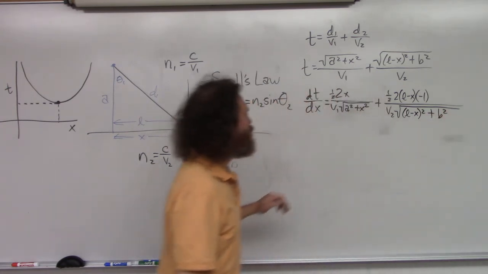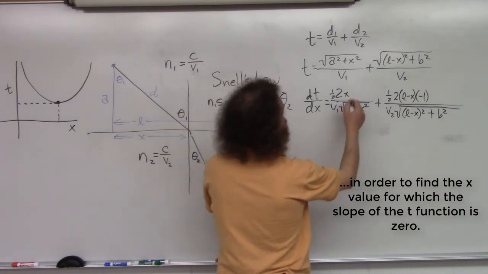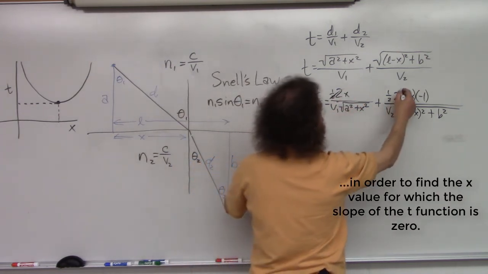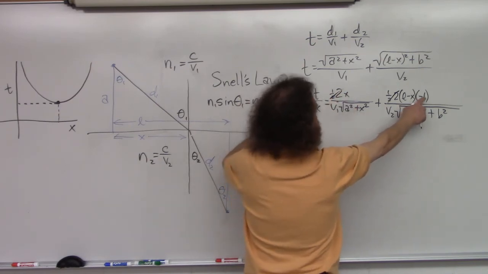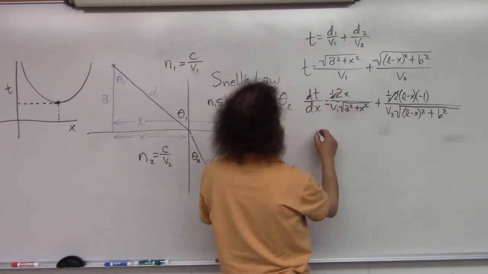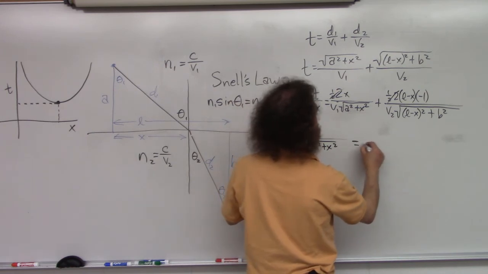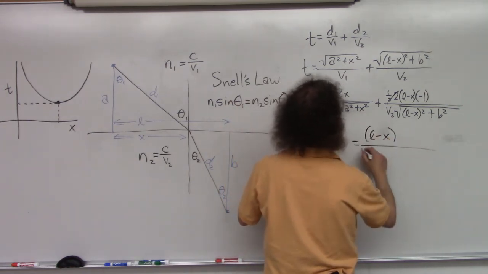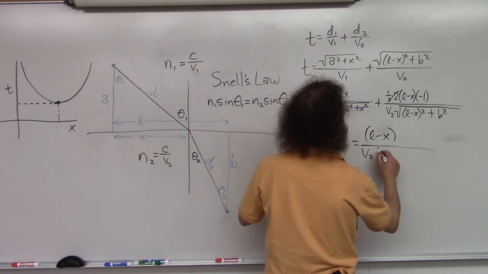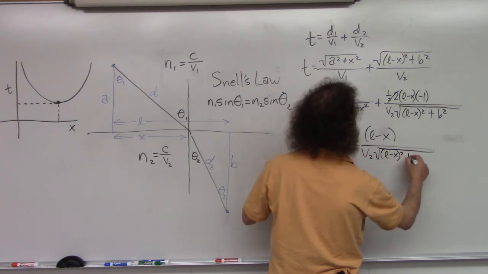I hope I did that derivative correctly. Okay, then I set that to 0. So let's see, this 1/2 cancels the 2. When I take this to the left side, it's going to be negative, so it cancels that minus 1. So this is just x over V1 times the square root of a squared plus x squared equals (L minus x) over V2 times the square root of (L minus x) squared plus b squared.